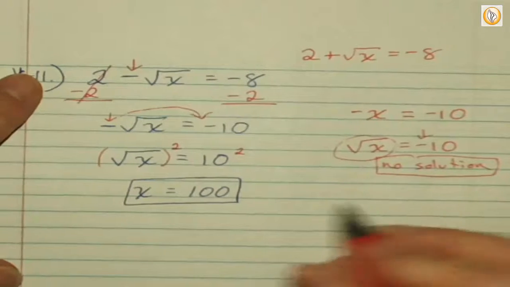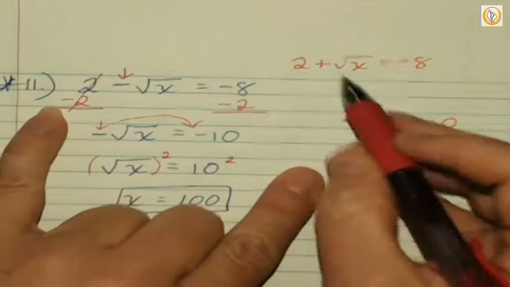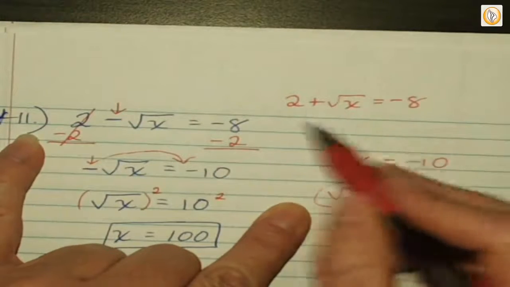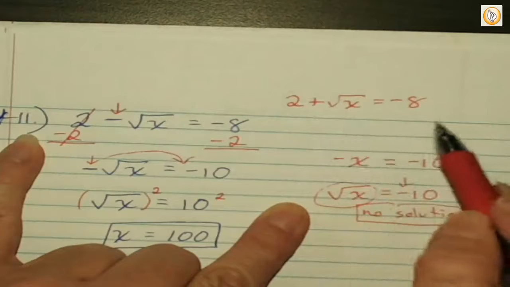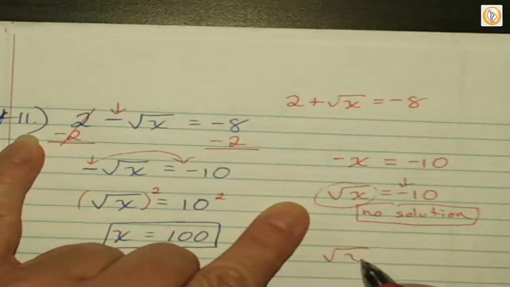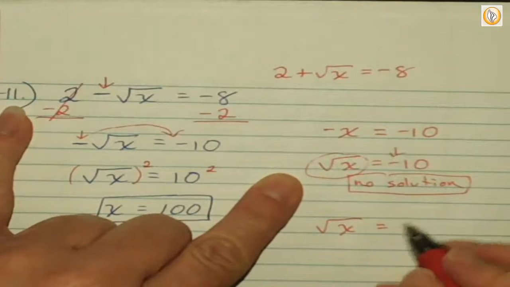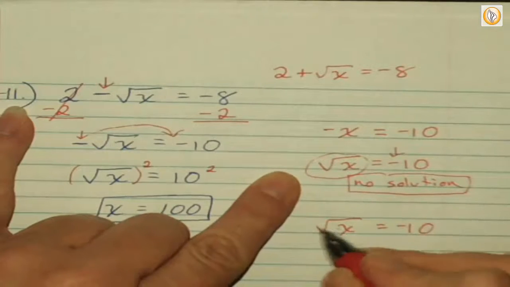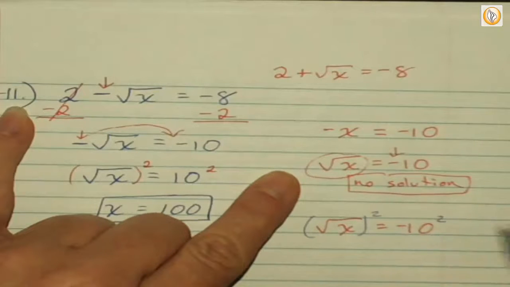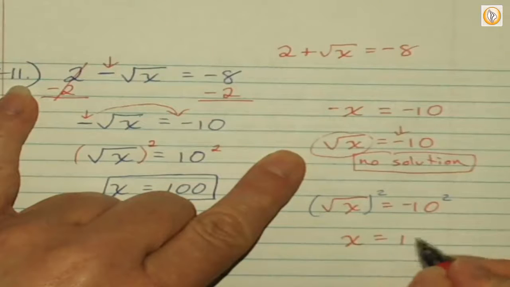Okay, let's go with this one. Let's pretend this was our problem. We're going to square both sides, I'm going to use blue this time. Equals 100, right?